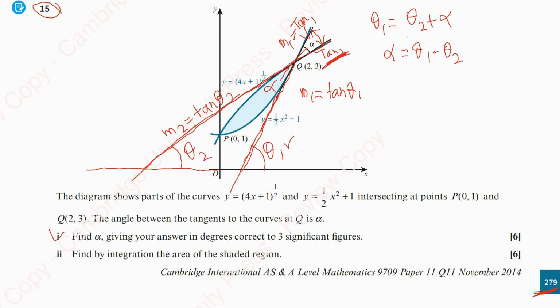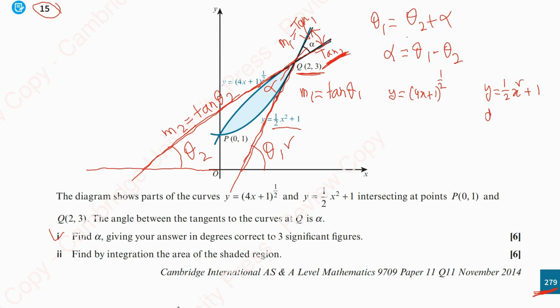Let's start our journey. The gradient m1 is at the point 2, 3, and its equation is given: y equals half x squared plus 1, which is the curve given below. Another curve equation is y equals (4x plus 1) to the power half. We're going to find the gradient from these two tangents.